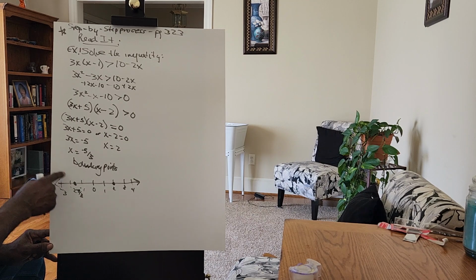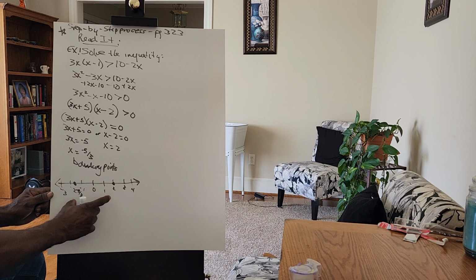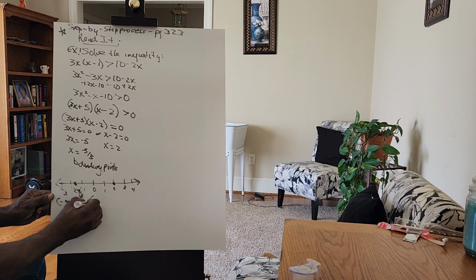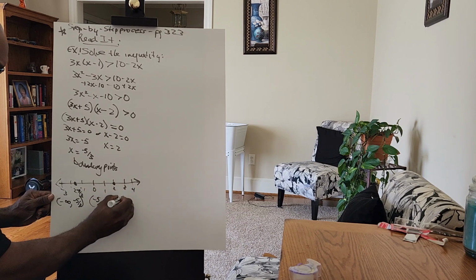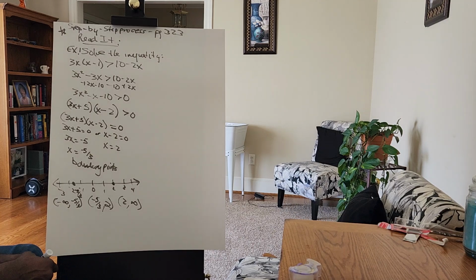There's an interval from negative infinity to negative 5/3, the interval between negative 5/3 and 2, and this interval over here goes from 2 to infinity. Okay? So these are the 3 intervals.